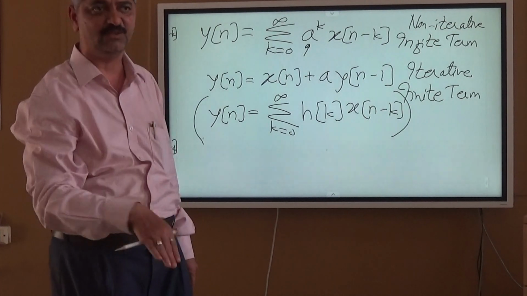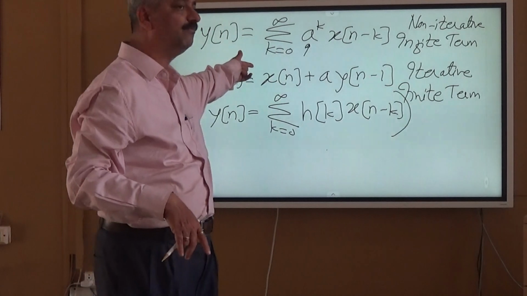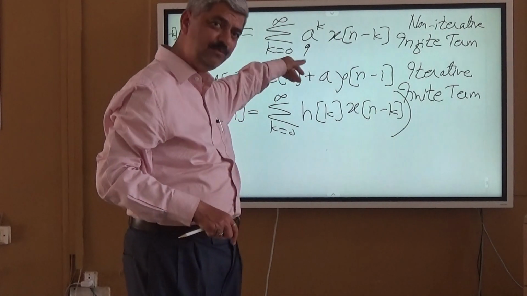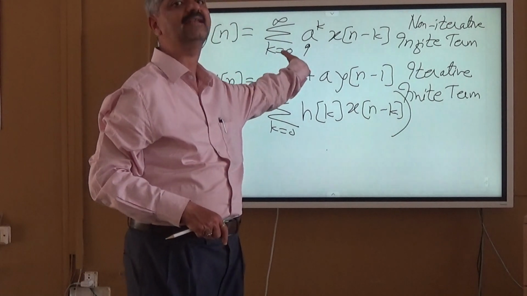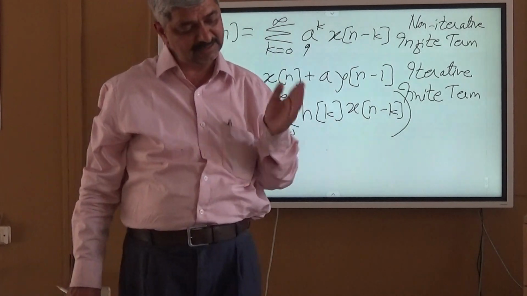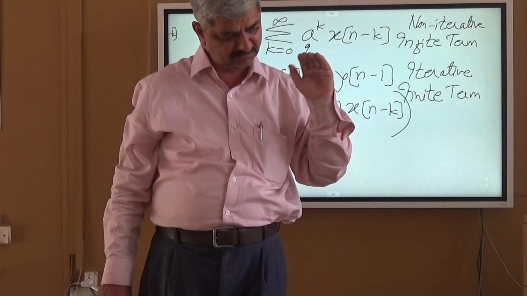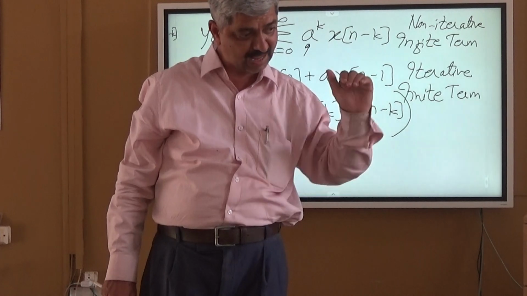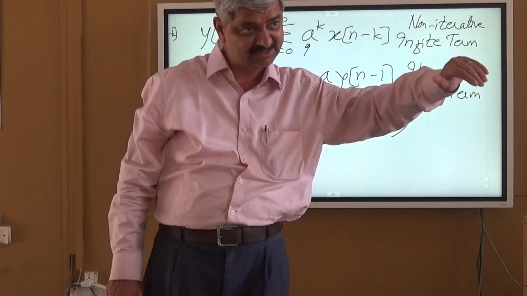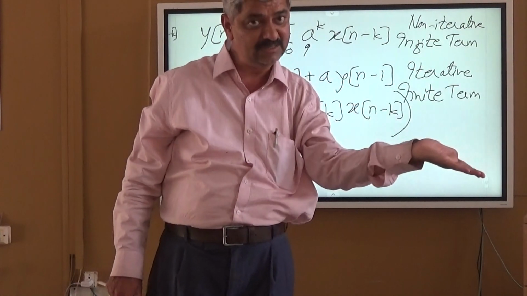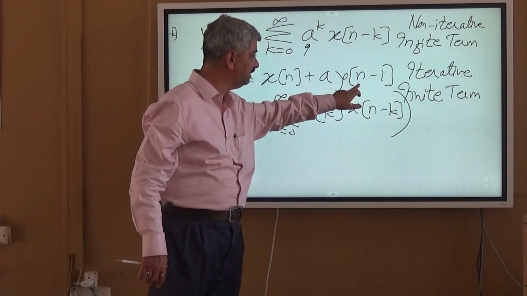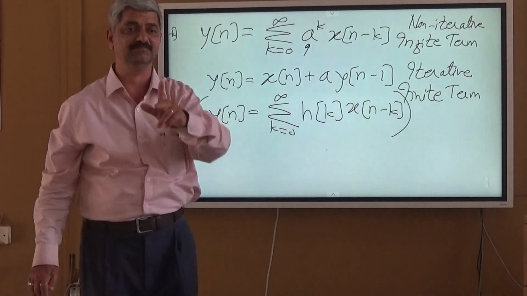The same can be converted into an expression of the current input, maybe a few past inputs, and at least one past output. When one past output comes, it takes into consideration the current and few previous inputs and the past-to-past output. That past-to-past takes care of what was prior to that. So in turn, this infinite term expression becomes a finite term iteration.